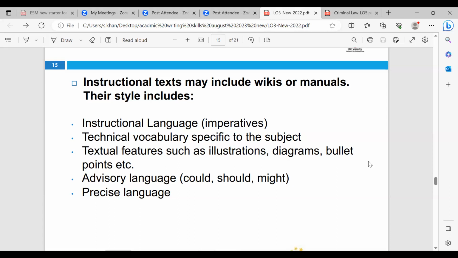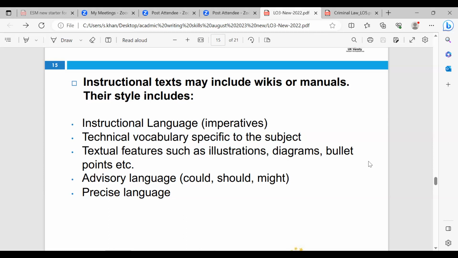If it's a recipe, they use textual features such as illustrations, diagrams, bullet points, and advisory language. So could, should, might, and it's precise. So you could have recipes, or like you said, if you get a washing machine, the instructions will be there.